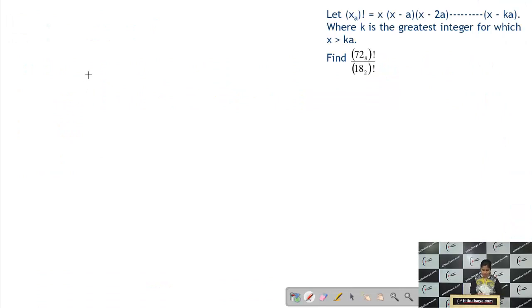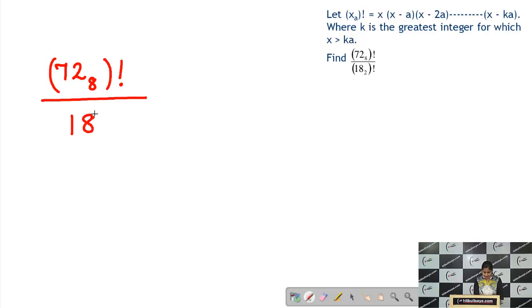So let us take 72 8 factorial divided by 18 2 factorial. If we go by definition only, we'll get 72. Then we will get 72 minus 8, which comes out to be 64.